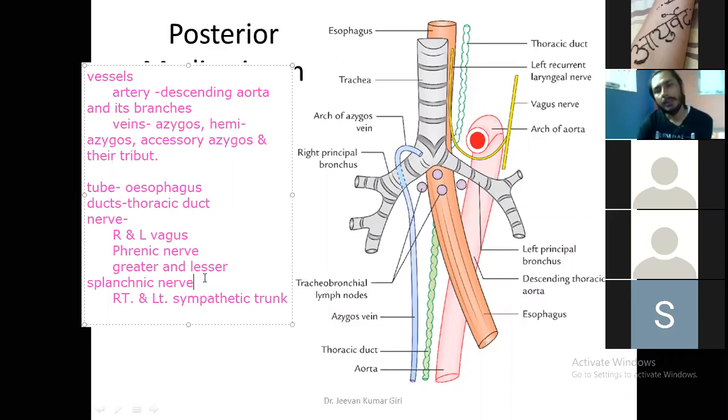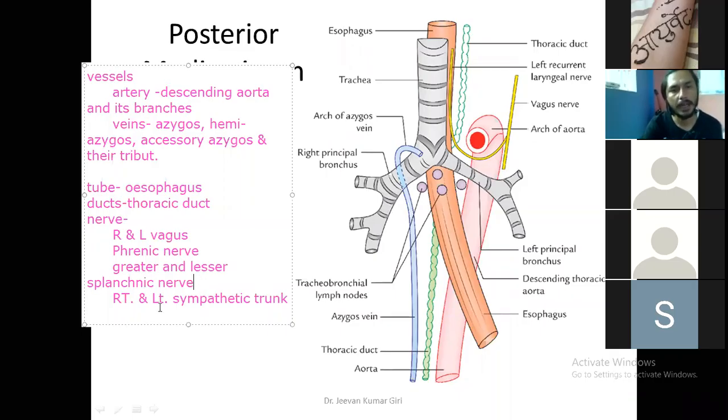Sympathetic supply is from the T1 to L2 spinal segments only: T1, T2, T3, T4, T5, T6, T7, T8, T9, T10, T11, T12, and L1 and L2. While reading the spinal cord, you will get to know. From these segments the sympathetic outflow occurs that supplies all the viscera. So that forms the greater and lesser splanchnic nerve, that is the sympathetic outflow only.